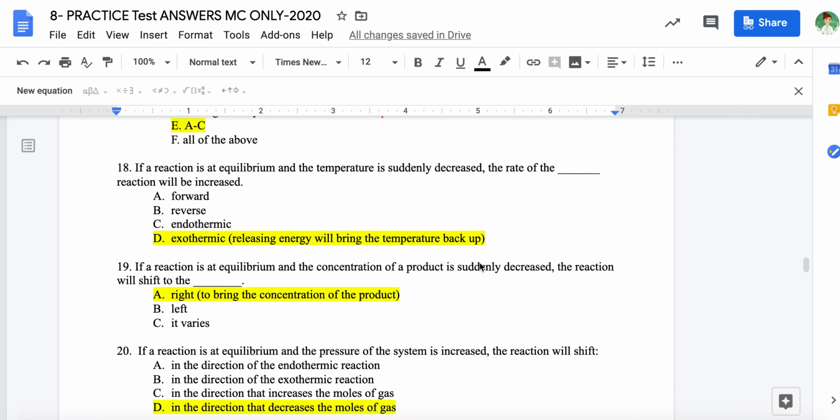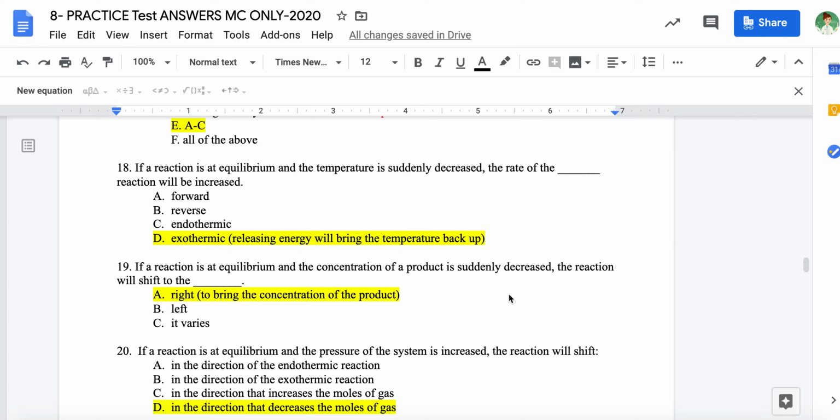Number 18 is about temperature. Remember, when the temperature is decreased, the reaction wants to release some energy to warm that reaction system back up. So that means it will shift exothermically. 19, if the concentration of a product is decreased, we remove some product, the reaction is going to shift to make more product.